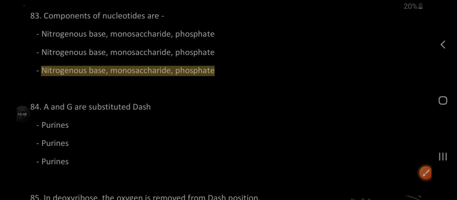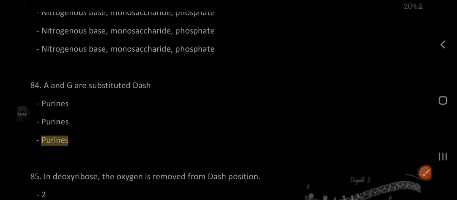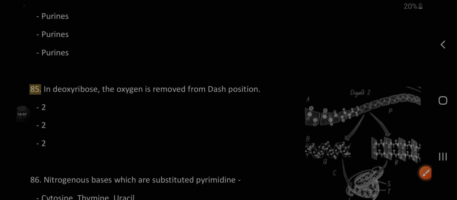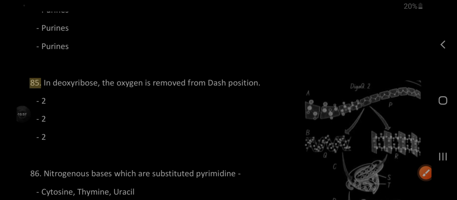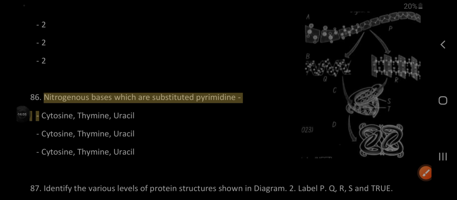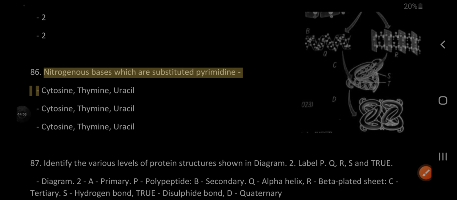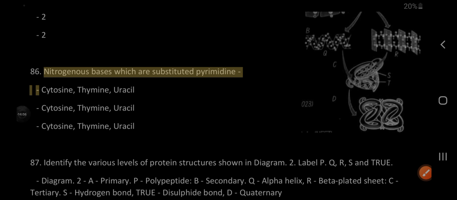A and G are substituted purines. 85. In deoxyribose, the oxygen is removed from the 2 position. 86. Nitrogenous bases which are substituted pyrimidines: cytosine, thymine, uracil.